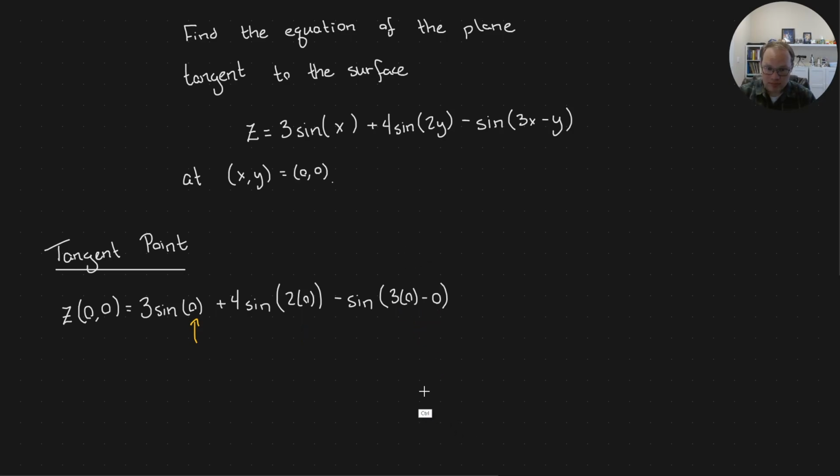So I get sine of 0 here, sine of 0 here, and sine of 0 here, and sine of 0 is just 0. So it doesn't matter what I'm multiplying, I get 0 plus 0 plus 0. Overall, I'm just getting 0. So the point I'm looking at is the point at the origin. The tangent point is the point x, y, z equals 0, 0, 0. Okay, so tangent point's done.